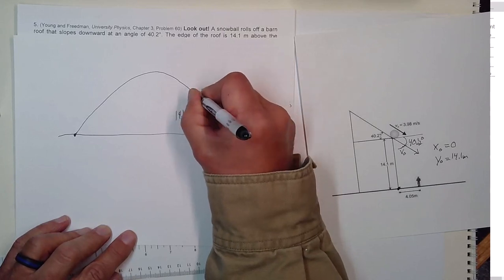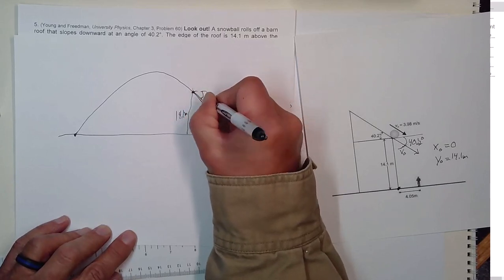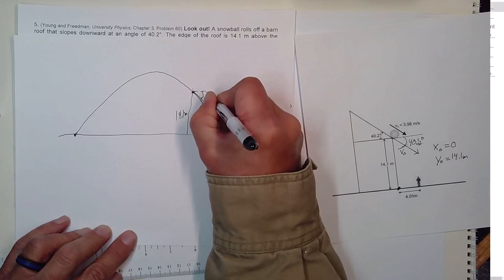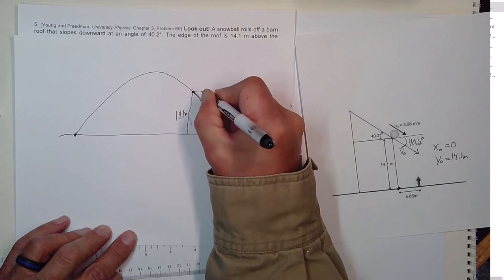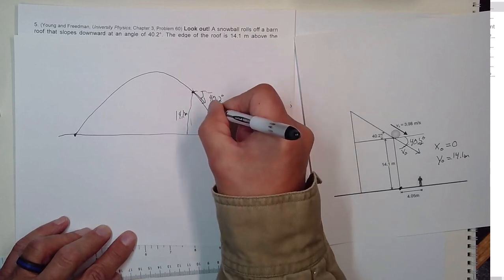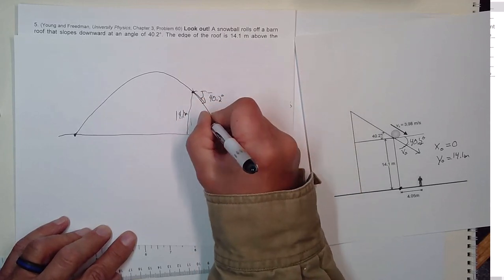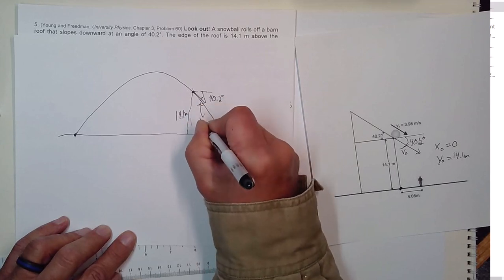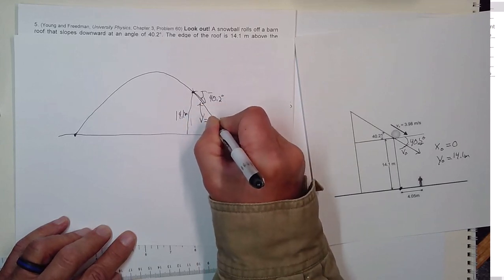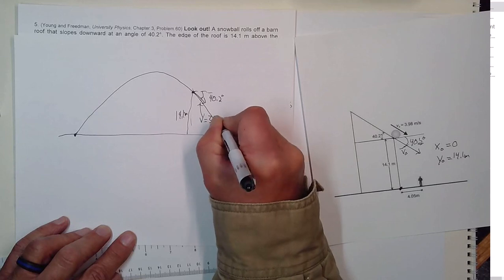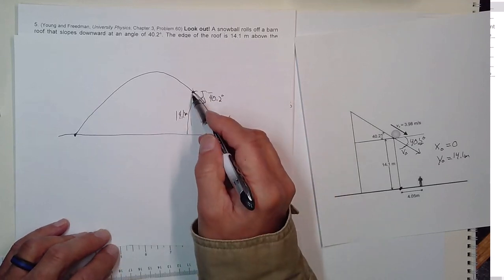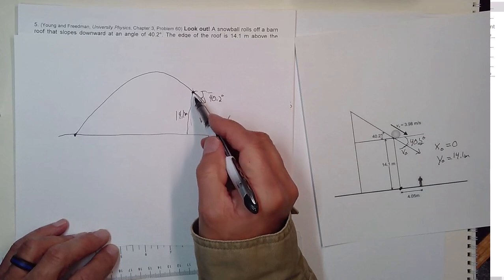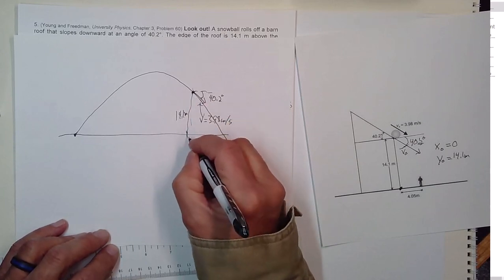It had a velocity at that instant that made a 40.2 degree angle below the horizontal, with a speed at that instant of v equals 3.98 meters per second. And we decided for some reason to define this as the zero of time.